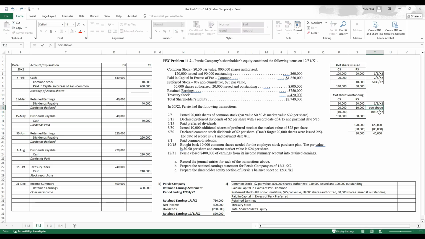And I'll just say C above to see these two. Here's the issuances, and then that's the total number outstanding.